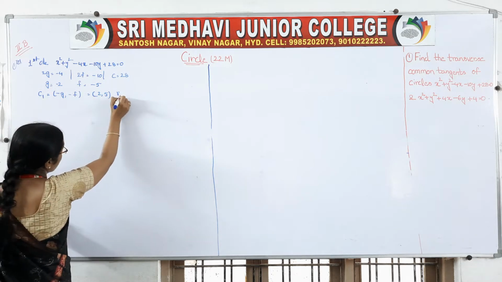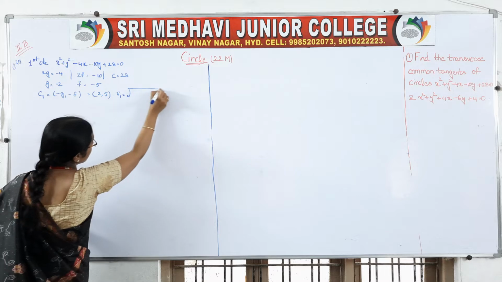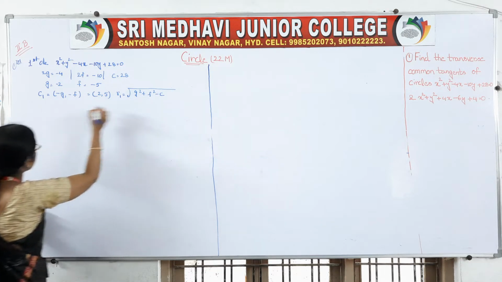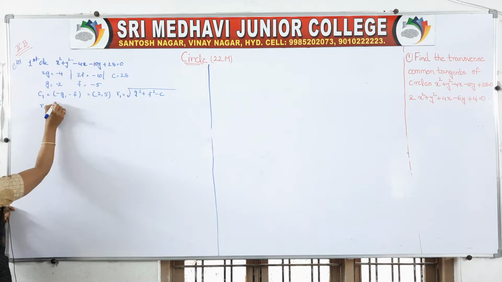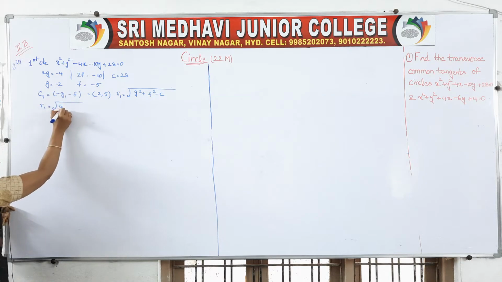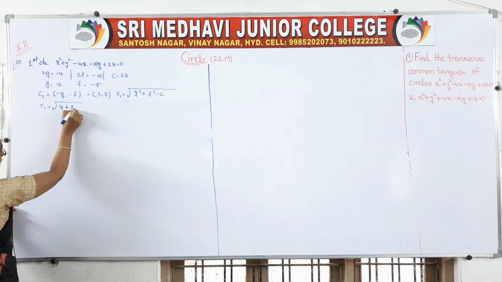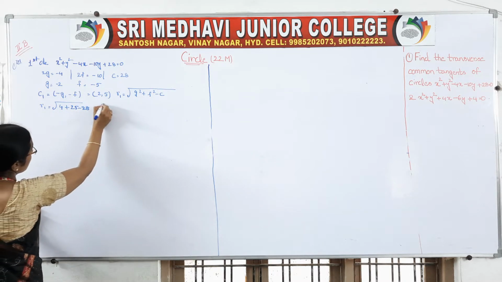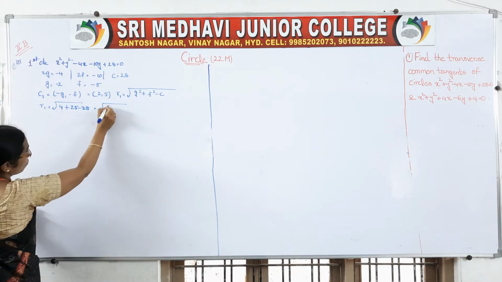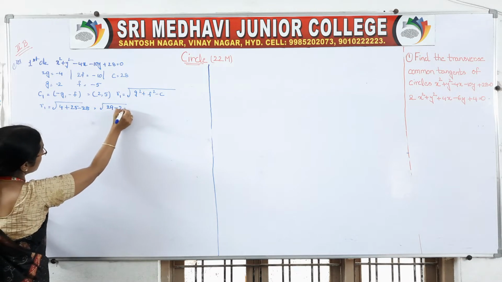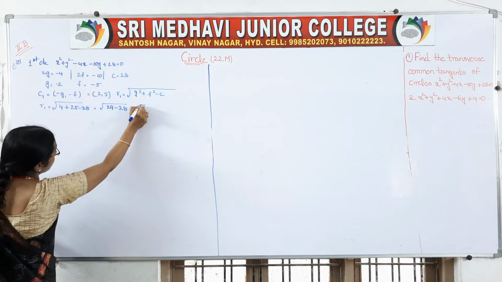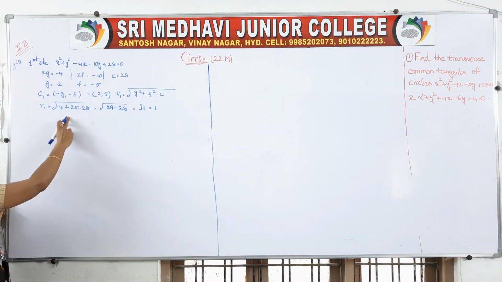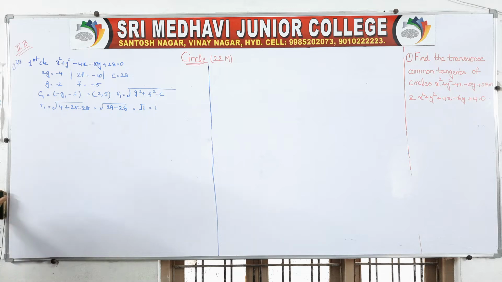Find out the first circle's radius, that is root of g square plus f square minus c. So r1 is equal to root of 4 plus 25 minus 28, that is root 29 minus 28, root 1, which is 1. So we got the center and radius of the first circle.